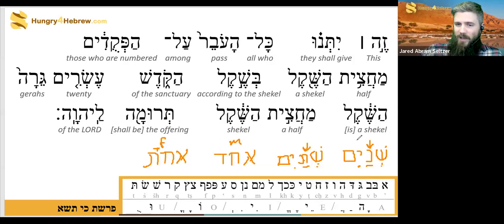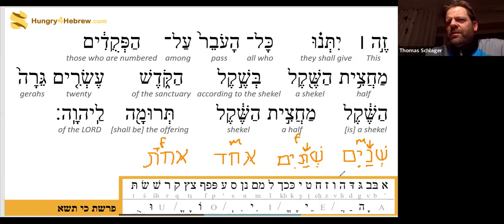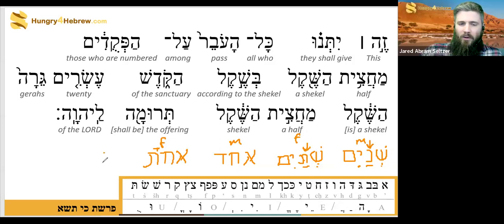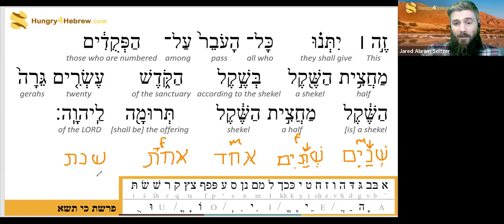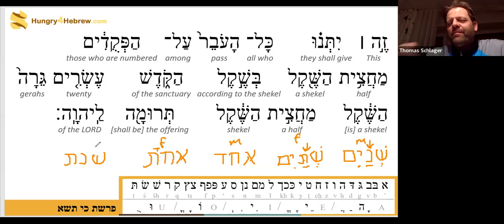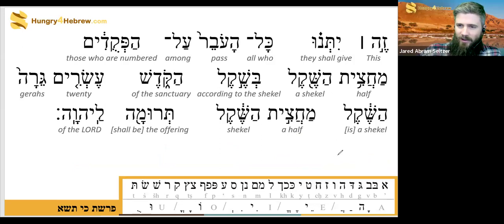Shnayim is masculine, and this is feminine. Shnat would be the year of. That's a different word, from the word shana. In my opinion, it's the same root, though. Then after that, it starts getting a little weird.